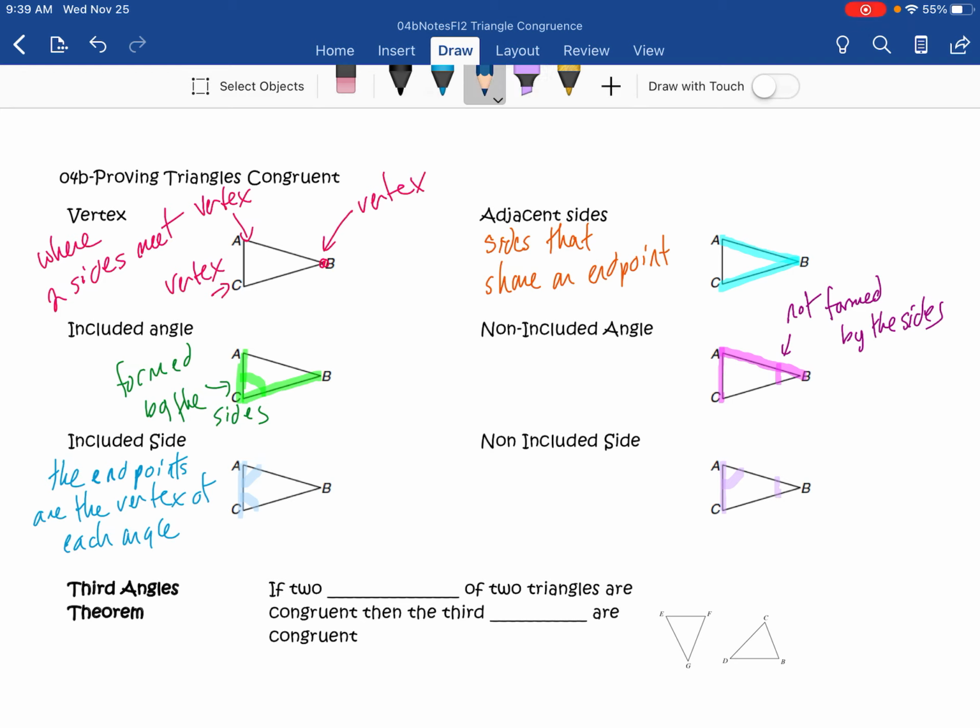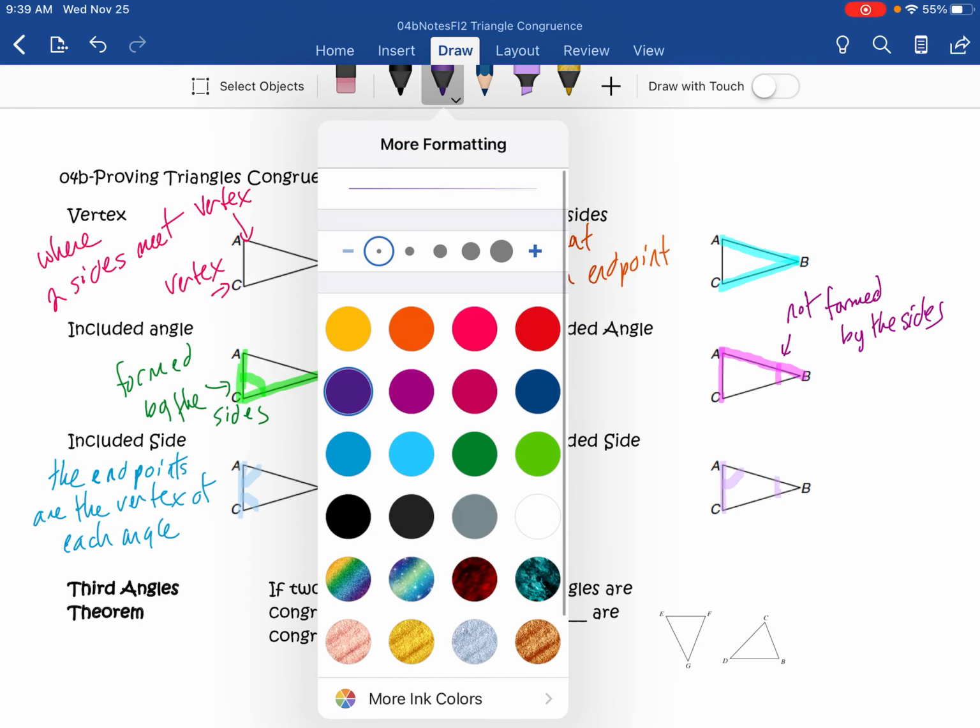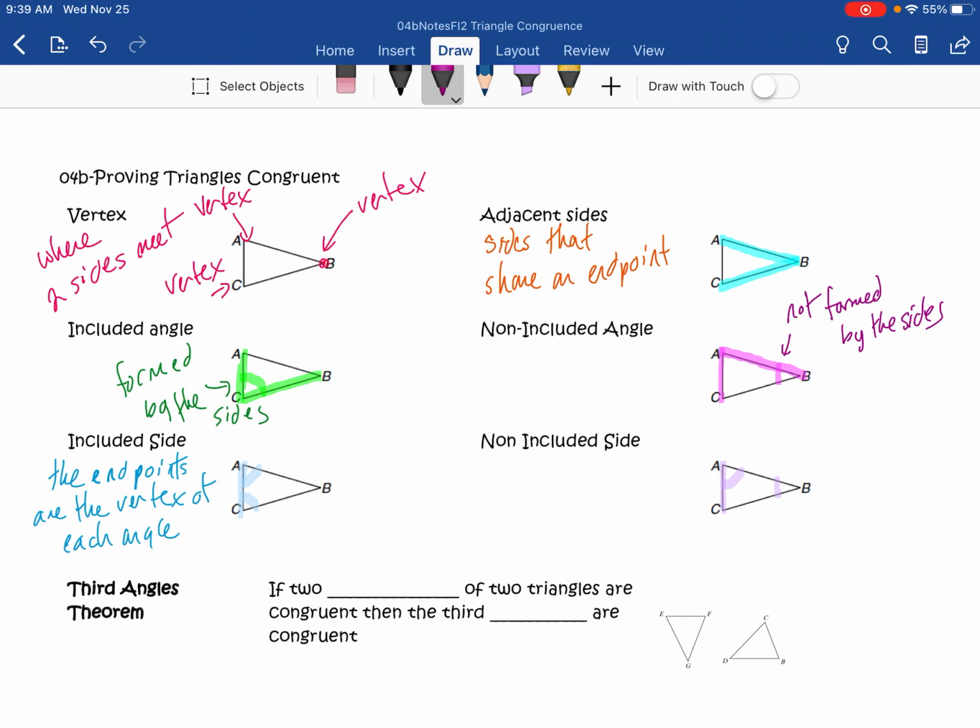Where basically only one endpoint is the vertex of one angle. Okay, so again, that's non-included side, and this is definitely going to be really big.